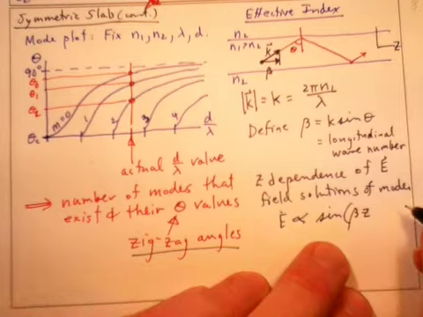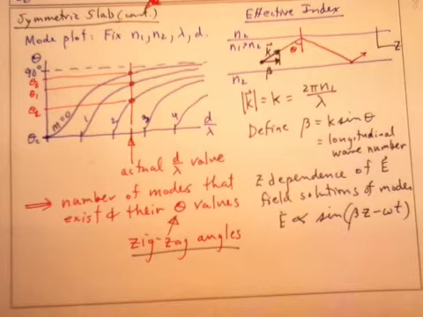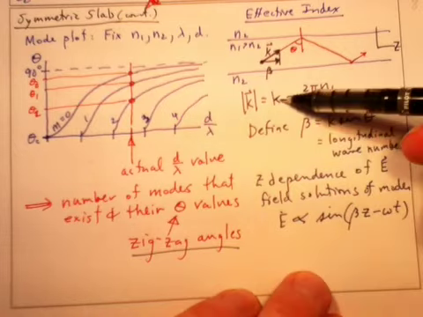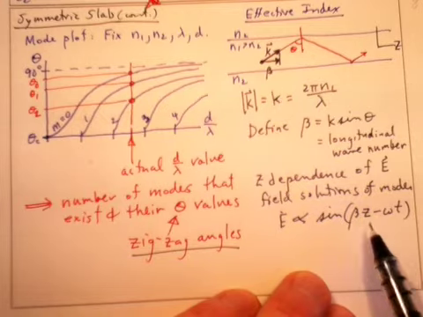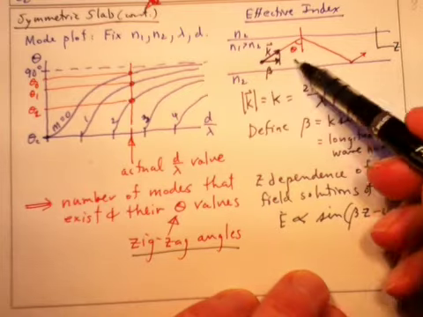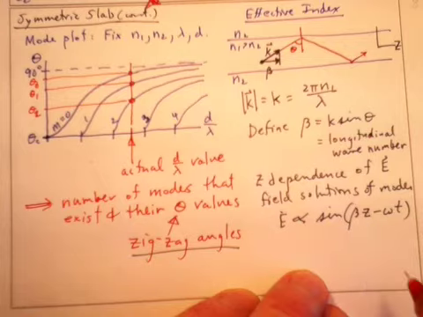So this is now acting the way k used to. When we had free space, we had kz minus omega t, and now we have beta z minus omega t. And beta is the component in the direction of energy propagation, so that makes sense, because we want something characteristic of the z direction here.